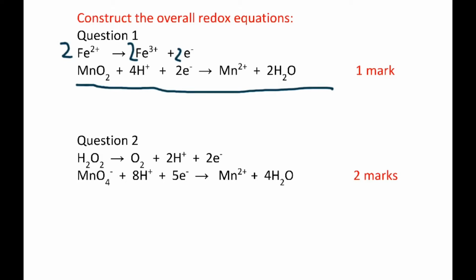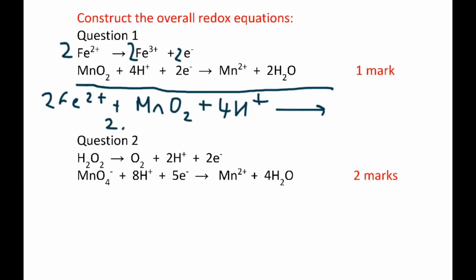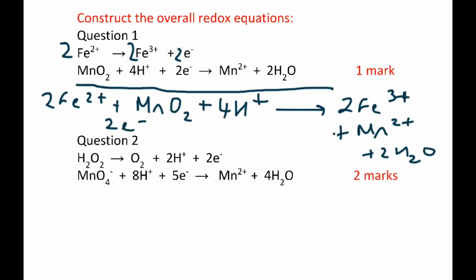On the left hand side we've got 2Fe2+ plus MnO2 plus 4H+, plus 2 electrons, and on the right hand side, 2Fe3+ plus Mn2+ plus 2H2O plus 2 electrons, and then the electrons cancel out.